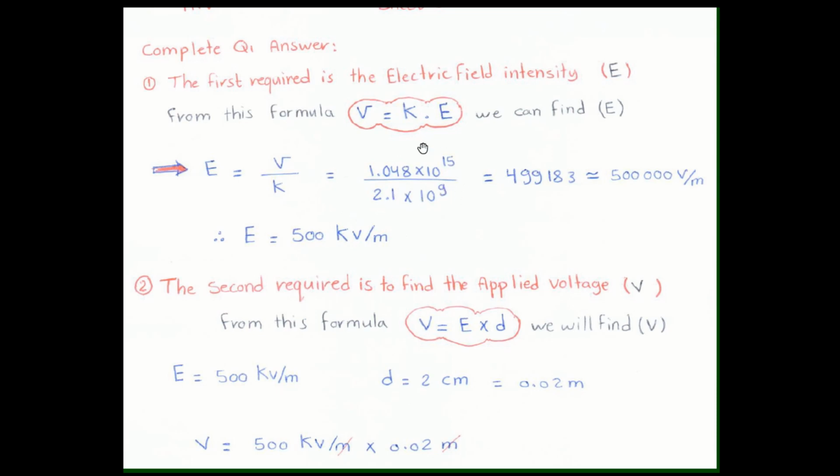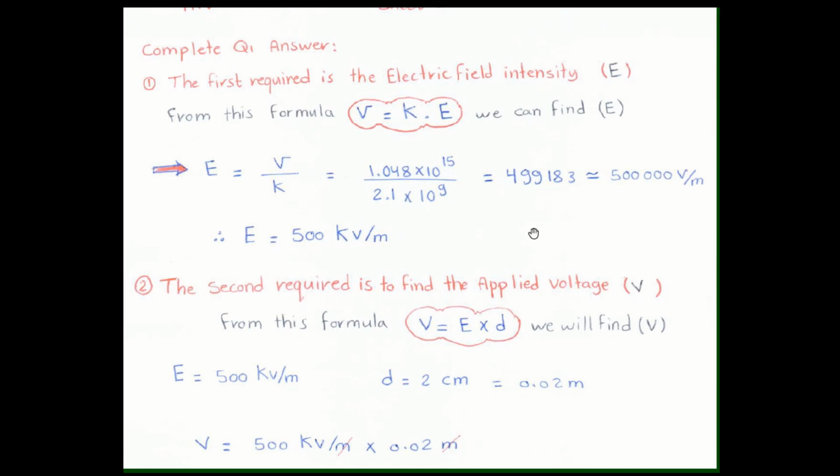By substituting, we get the answer as 400,099,183, which we will make near to 500,000 volts divided by meter. So the electric field intensity will be 500 kilovolts divided by meter.